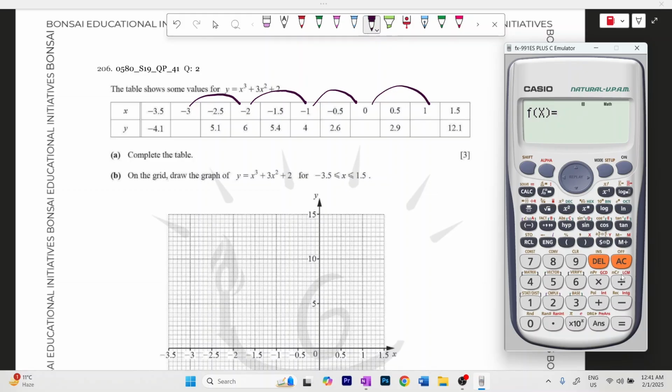We are having x cube. So x, and how you bring x here? So alpha and this and bracket, x cube raised to the power 3. Okay, fair enough. Then plus 3 alpha x to the power 2, it means square, and then again plus 2.